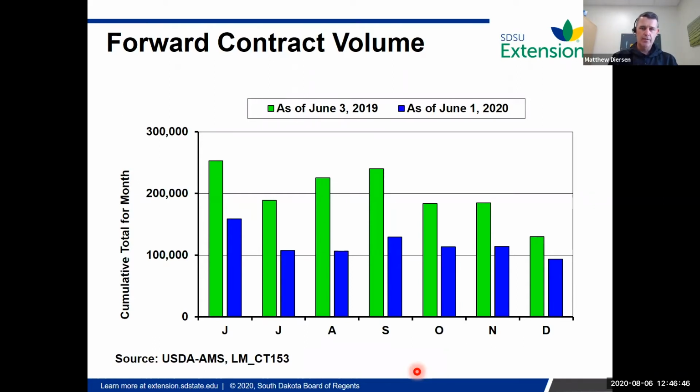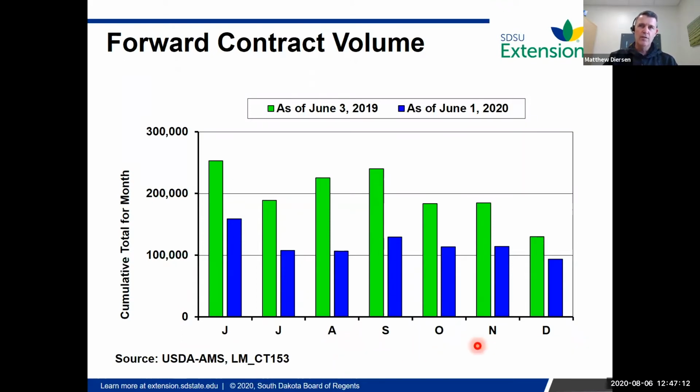And we can see that during the COVID, all the packers shut down and all the feedlots were like, oh, we can't agree to buy and sell cattle at this time, and the volume on the forward market dropped way off. It has since come back a little bit more, but through August, I looked up the number this morning, there were still just over 100,000 head contracted for August delivery.